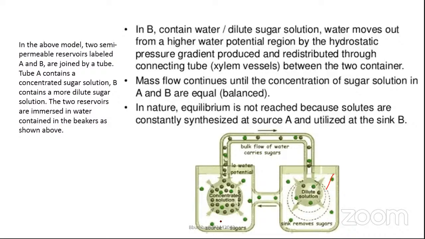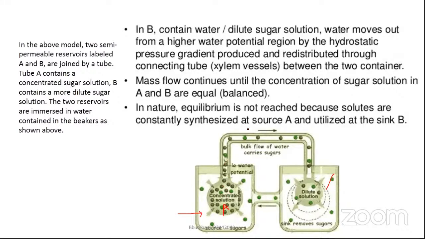And here you're going to have water molecules inside. Now you get a flask which has a semi-permeable membrane. And in this flask, if I can call it flask A, you can put sugars, a high concentration of sugars.